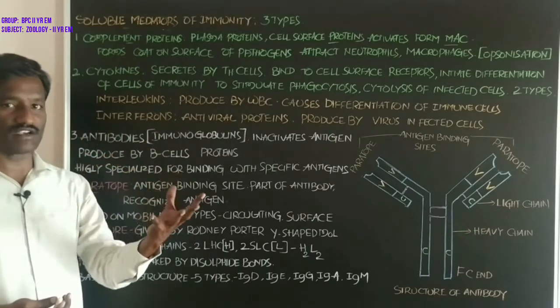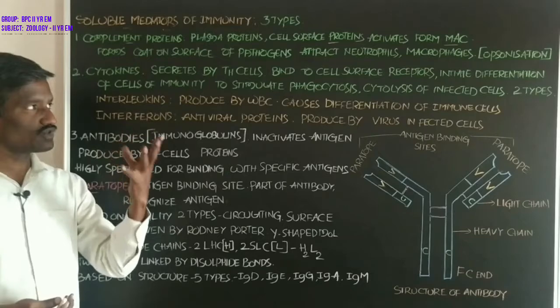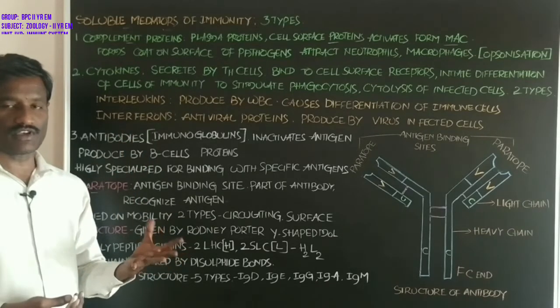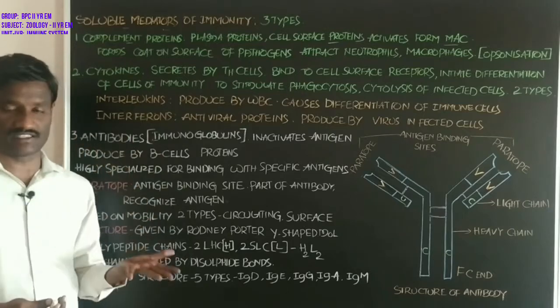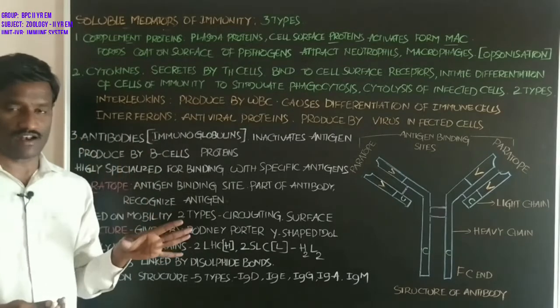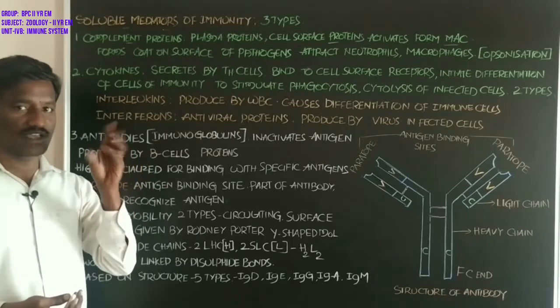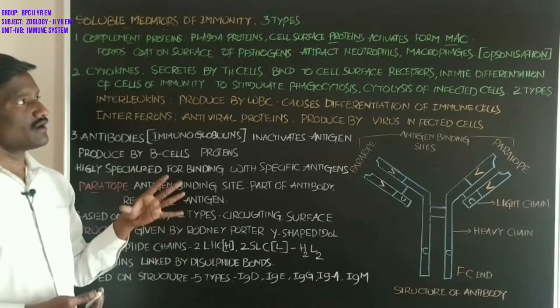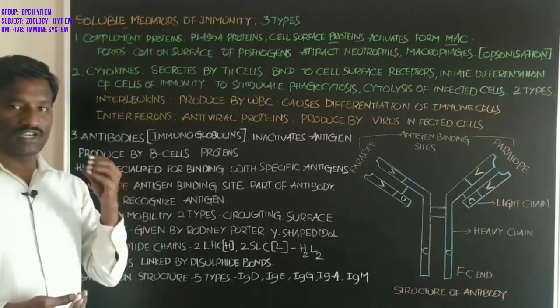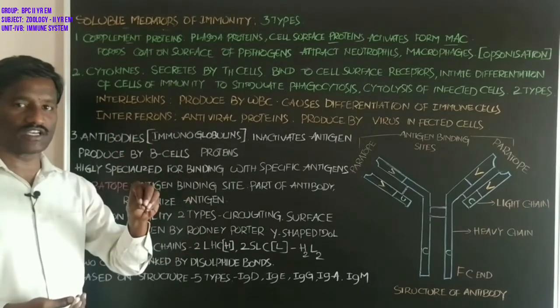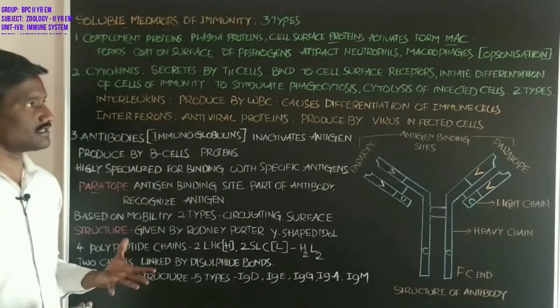They attract them for phagocytosis, or cytolysis, the lysis of the cell. Lysis of the infected cell is called cytolysis. Neutrophils show effective action on the microbes by phagocytosis or cytolysis.